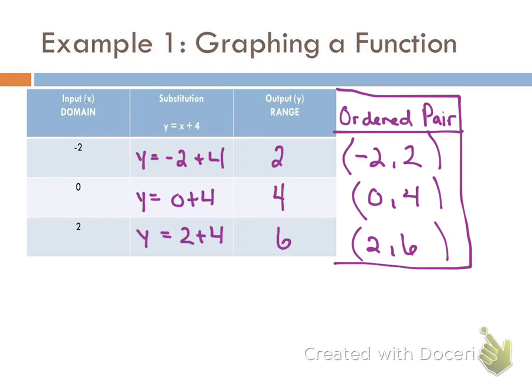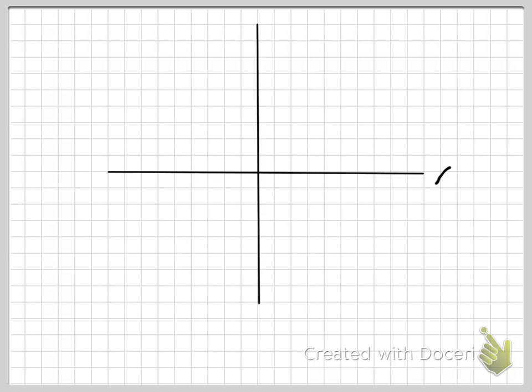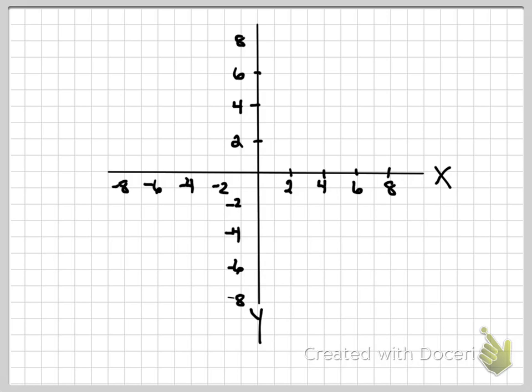All right, so now that we've come up with our ordered pairs, we're going to come over to our coordinate plane on our graph paper, and we are going to go ahead and number it, including our dashes. So make sure that you skip that first block there.